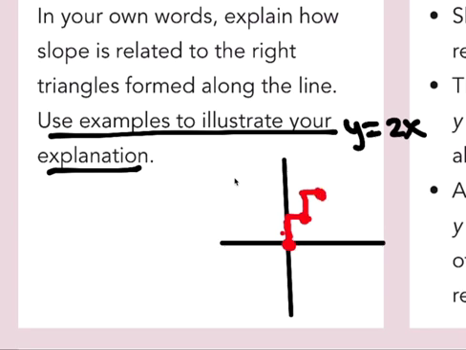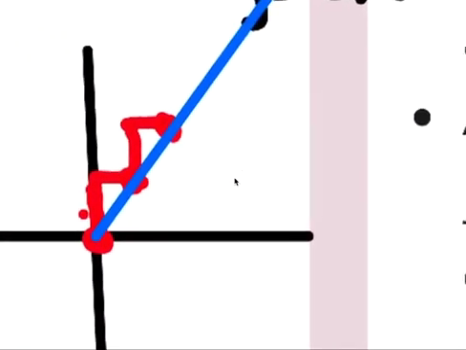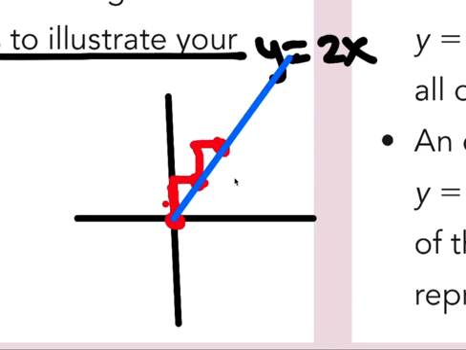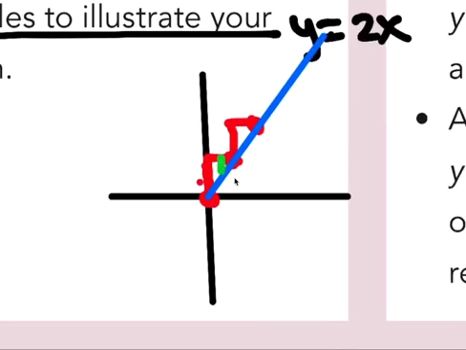It's a constant rate of proportionality. That's your constant rate. It's proportional because it starts at the origin. If you keep doing that constantly, you have a right triangle there, each one.